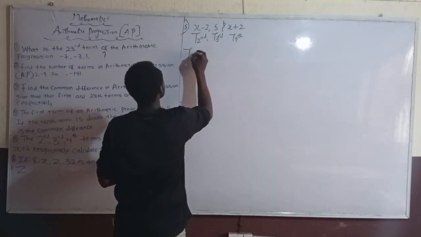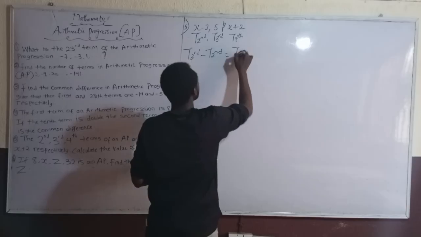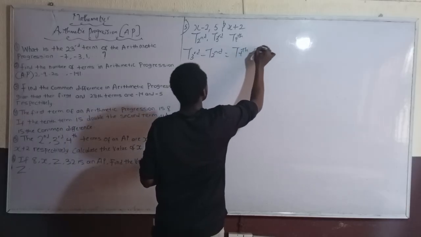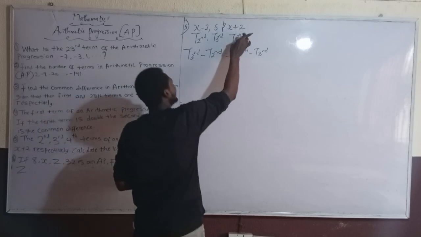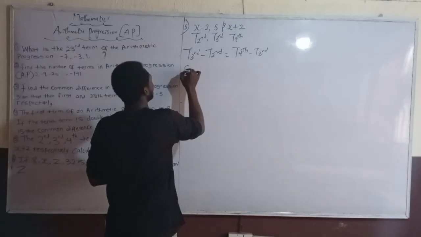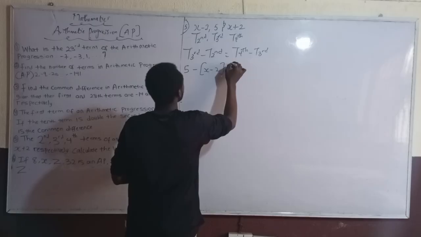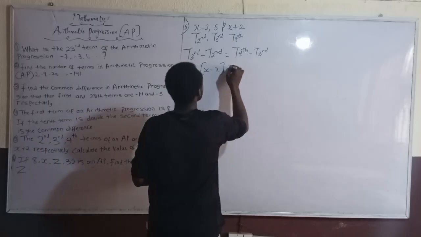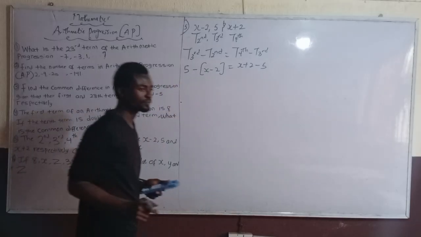So T third minus T second equals T fourth minus T third. This minus this equals this minus this. Here is 5 minus (x minus 2) equals x plus 2 minus 5.